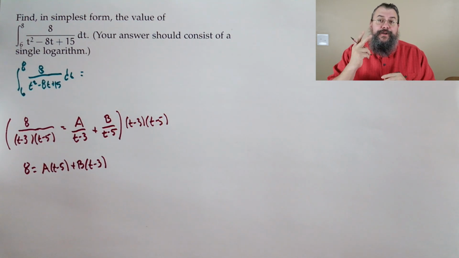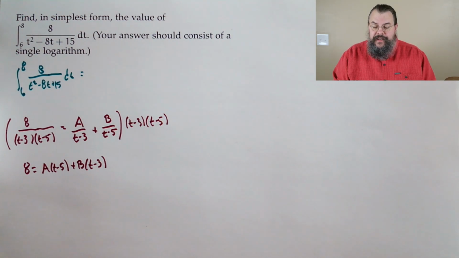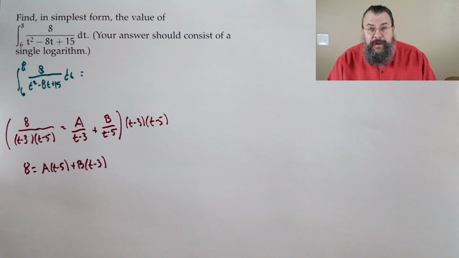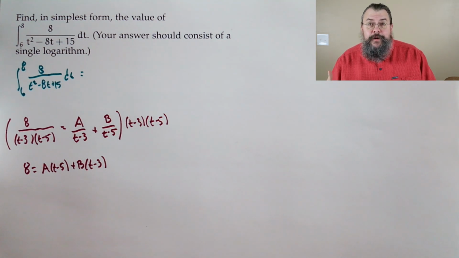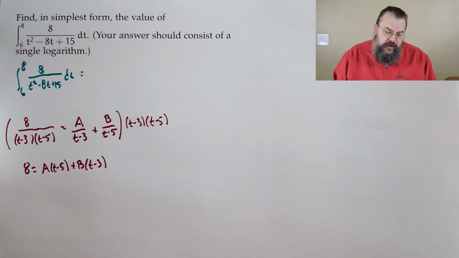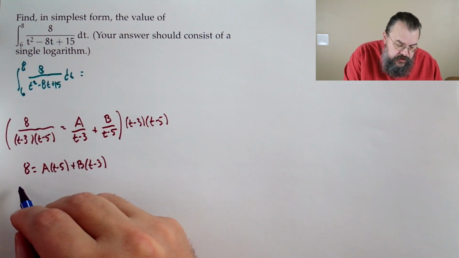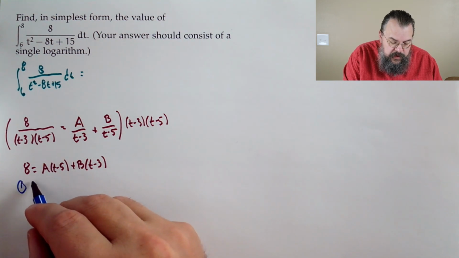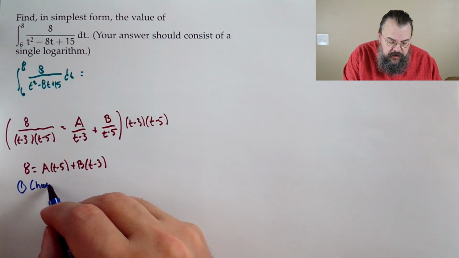Okay, good. So we have to figure out A and B from this. So we're going to do it by two different methods just to illustrate. We're not always going to use two methods, but we'll do it once or twice just so we can get a flavor for what's going on. All right, so what are our two methods? Well, the first method I like to call choose wisely. Well, what does that mean?